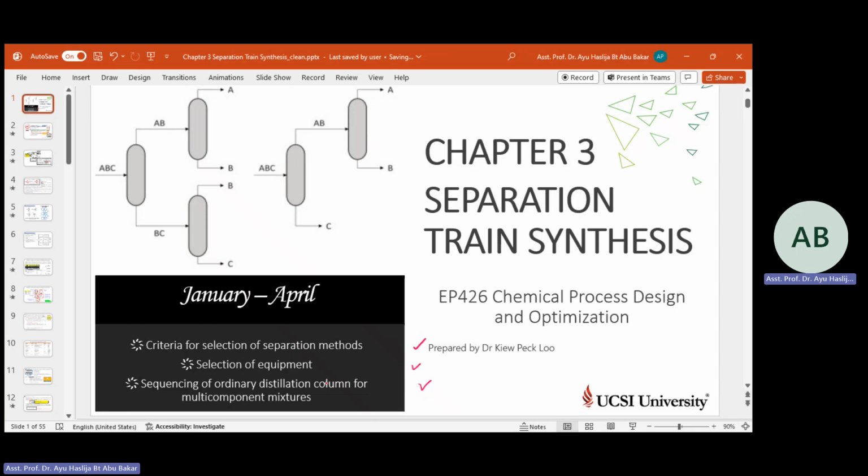For the sequencing, we focus only on the ordinary distillation column.